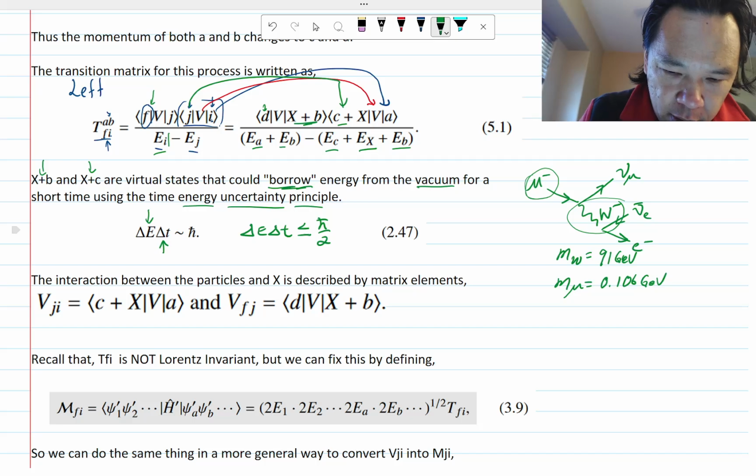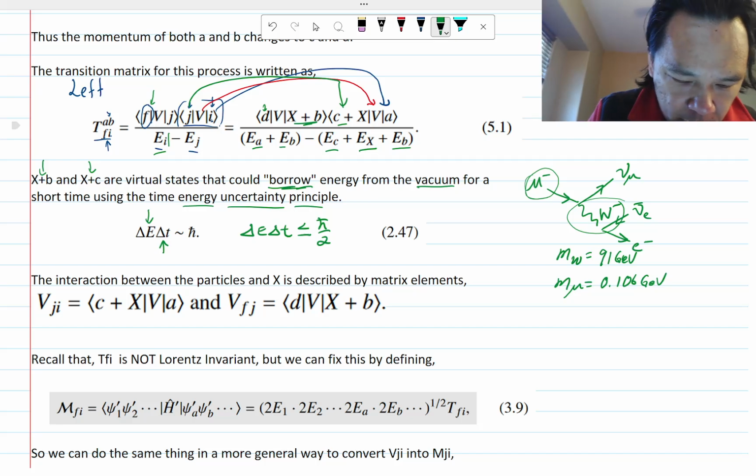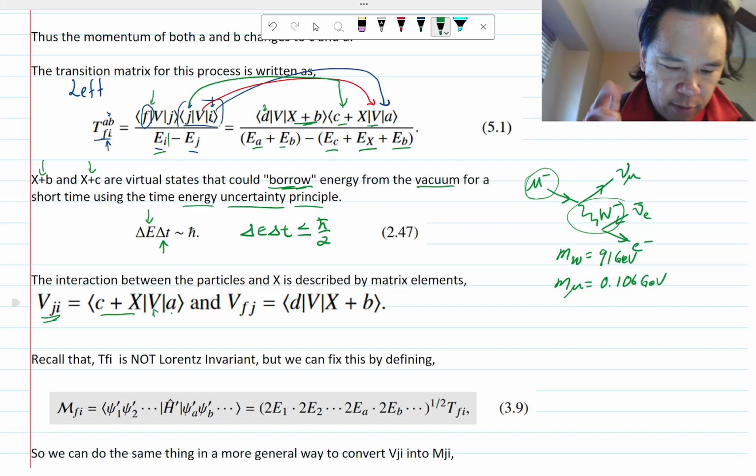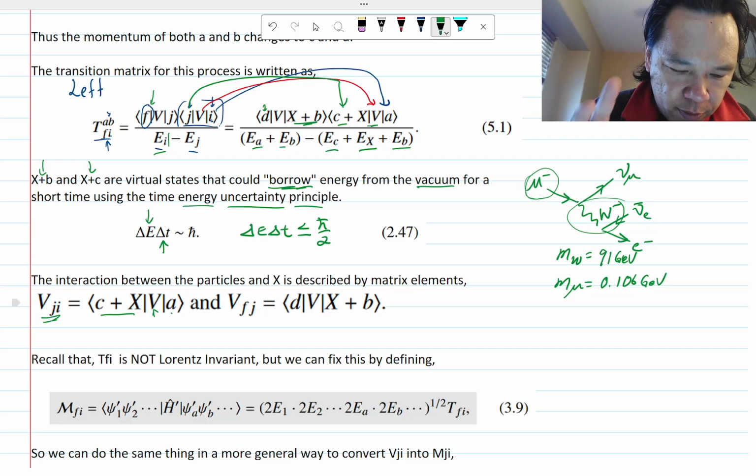So this V here, this interaction V part, describes the interaction from the initial particle A to the intermediate state, X plus C. We can think of it as the potential for that interaction to happen.